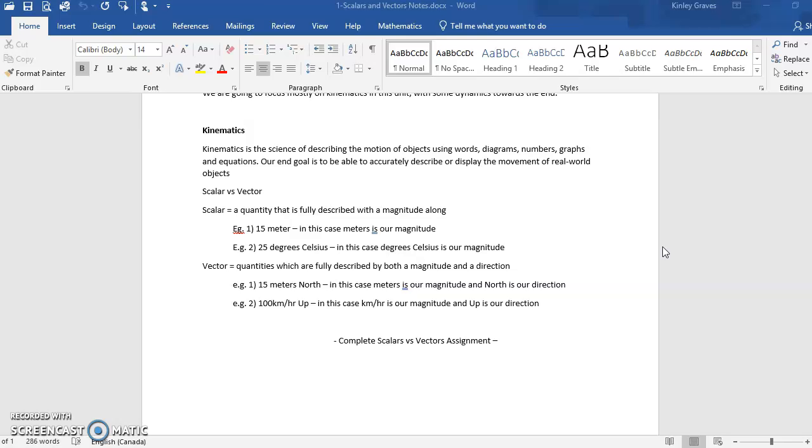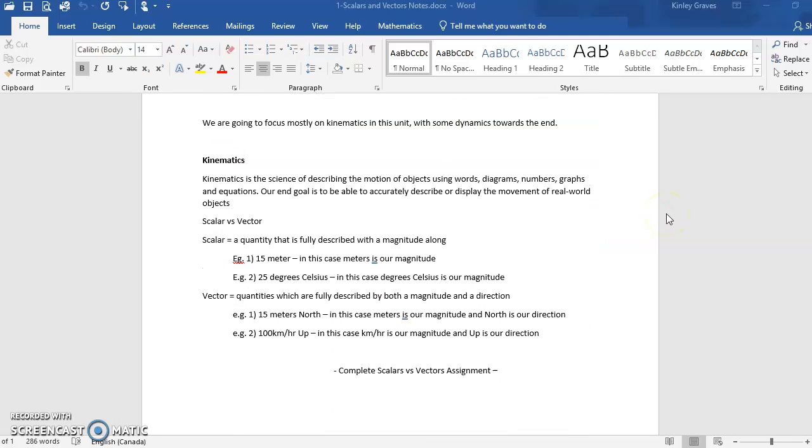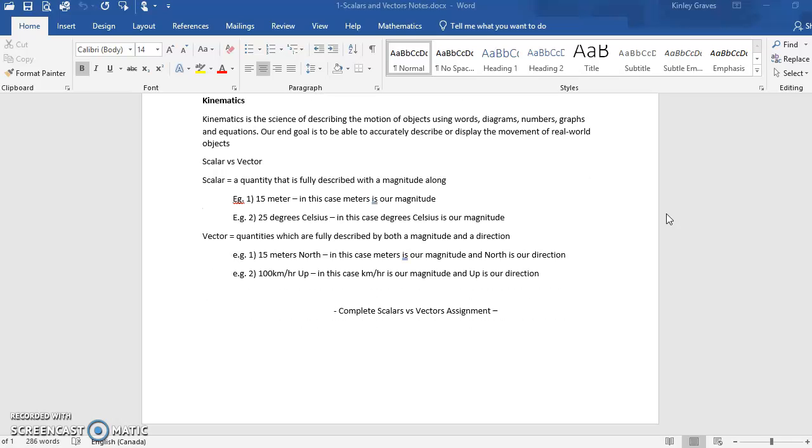So if you talk about how fast something's going, you talk about the speed, you talk about how an object moves, that's using these kinematic or dynamic mechanics principles. So you're actually using physics all the time. This is just to help you have a better understanding of what you're saying when you're describing those things to different people. So today we're going to start off with the very, very basics of kinematics.